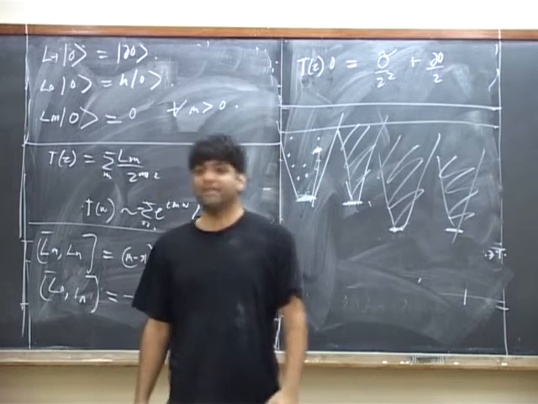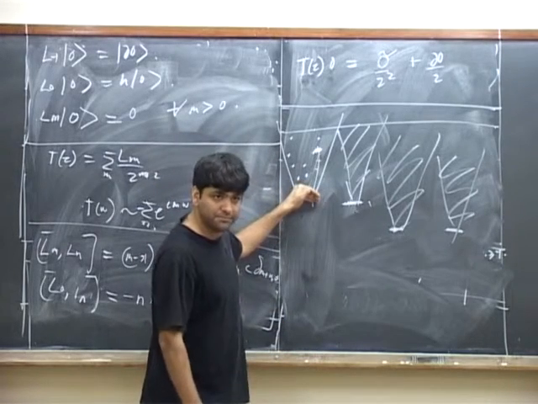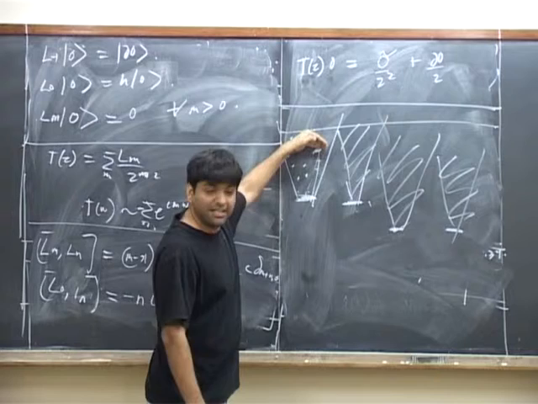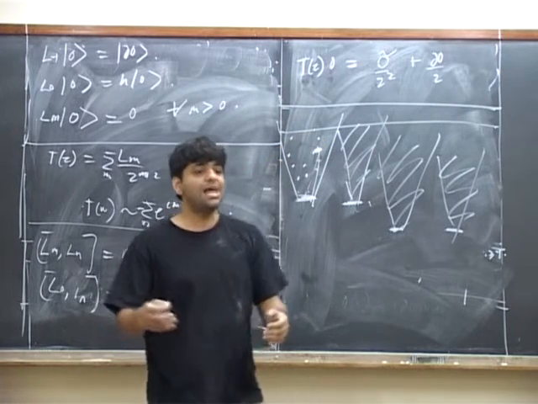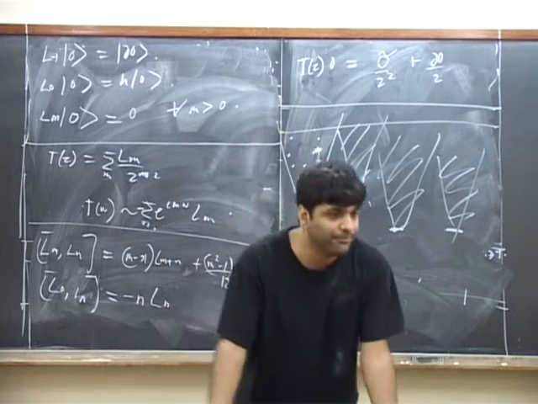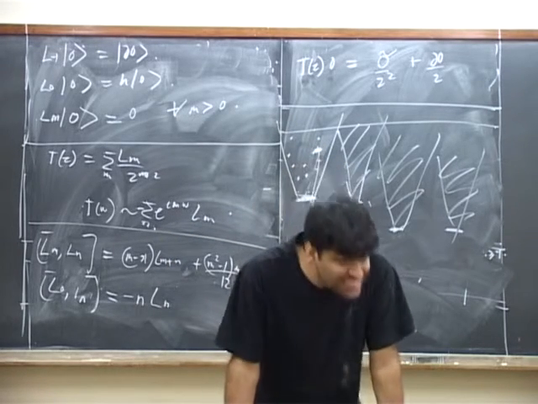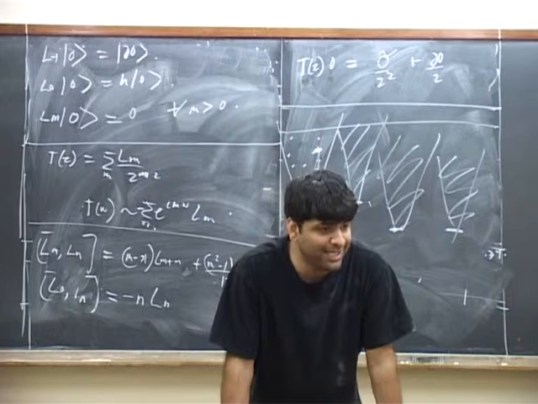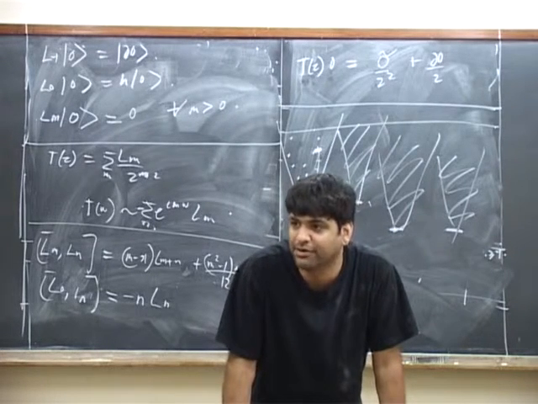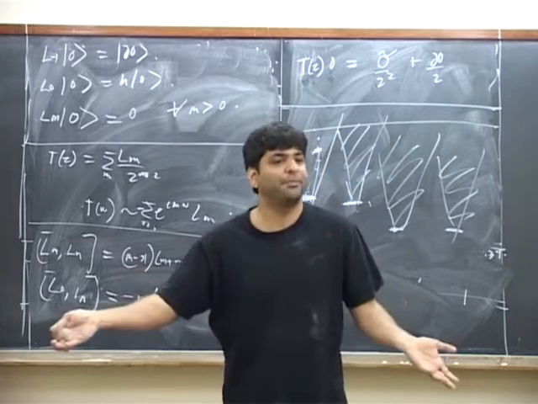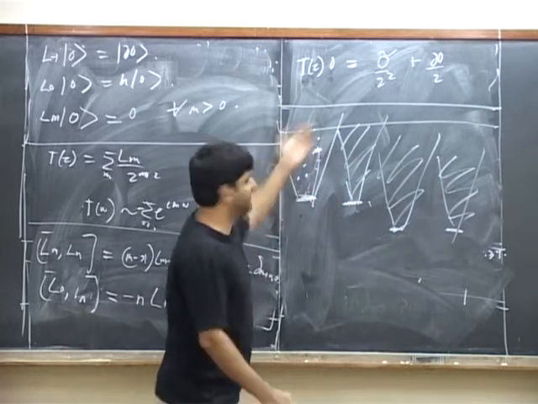For instance, if you know the energy of this primary state, and you want to know what the energy of the descendant is, well, suppose this descendant was L minus 20 acting on the primary. We know it's an exact statement that L minus 20 has energy of primary plus 20. The energy of L minus 20 of the primary is 20 plus the energy of the primary. So we know the energy of the primary, we know the energy of the state.